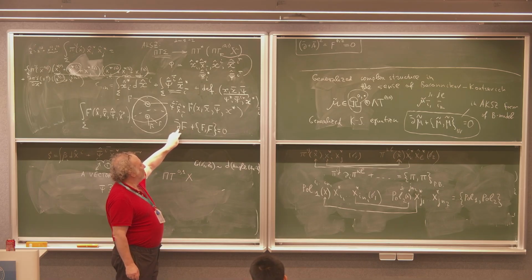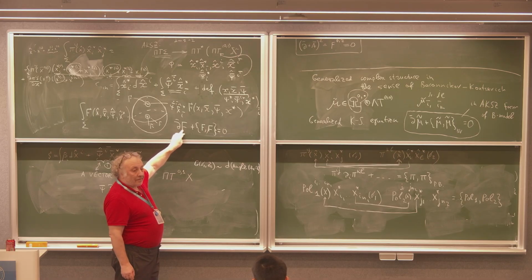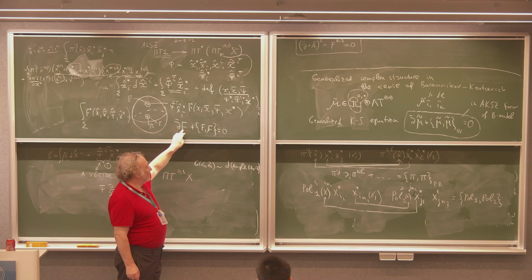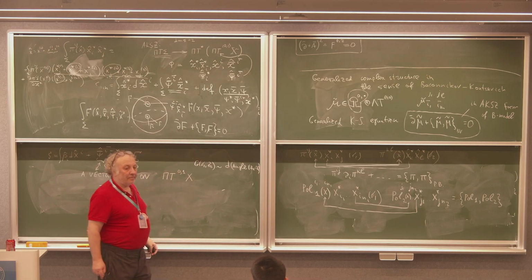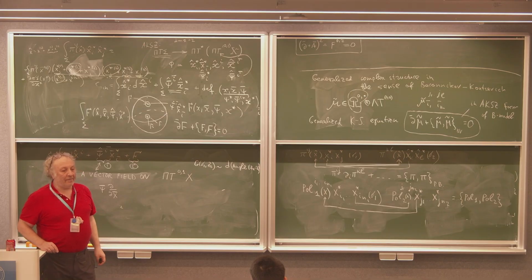The first term is a bracket between the vector field del bar and polyvector F, and the next term is FF.